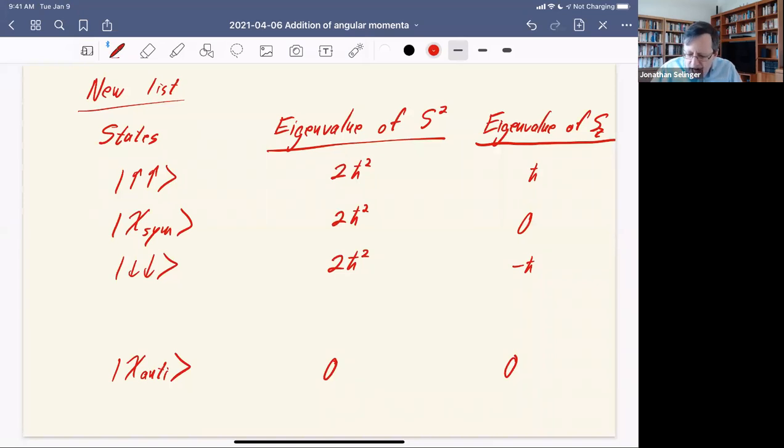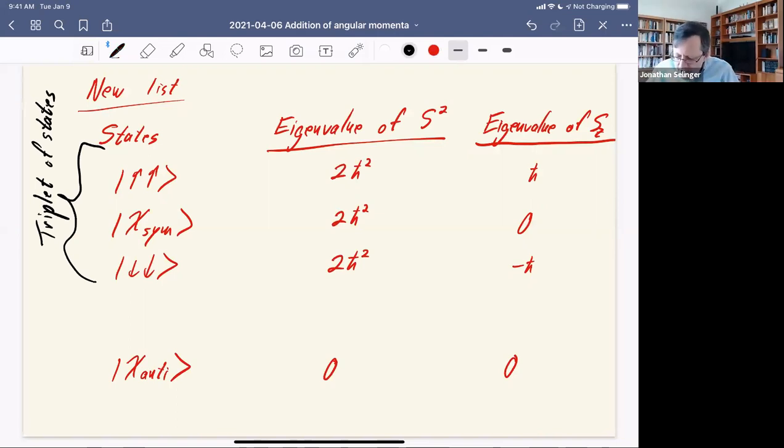So this now is what I've been trying to get to for the last hour. Let's see how to interpret all of this. If we look at this first set of 3 states, we'll say this is a triplet of states.